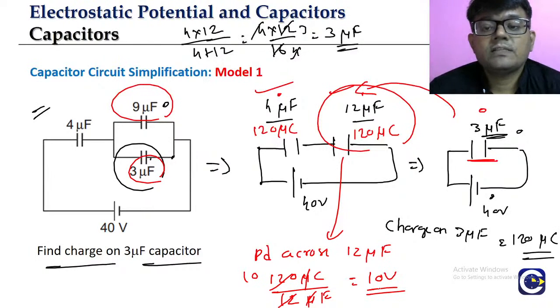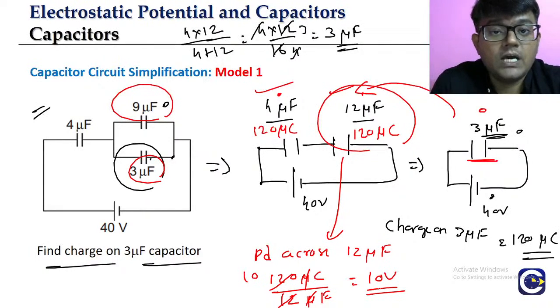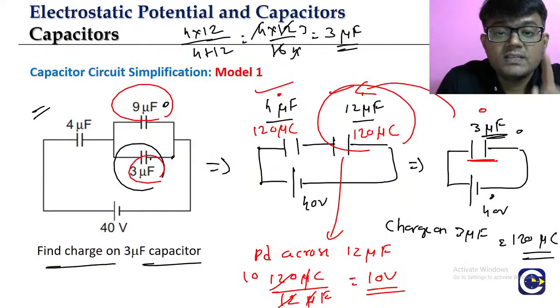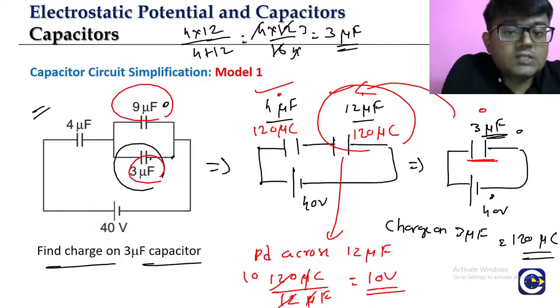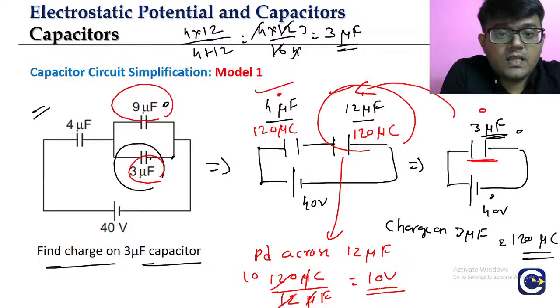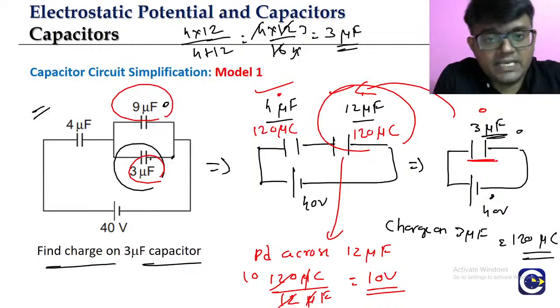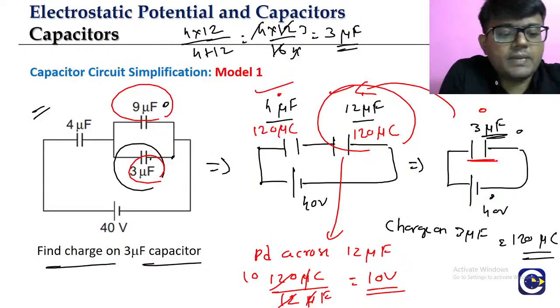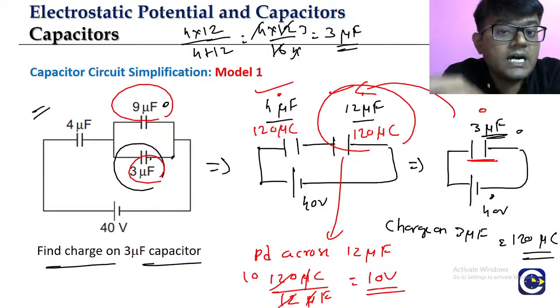The potential difference across the 12 microfarad is 10 volt. For a series combination, the charge is the same and equal to the charge of the equivalent capacitor.